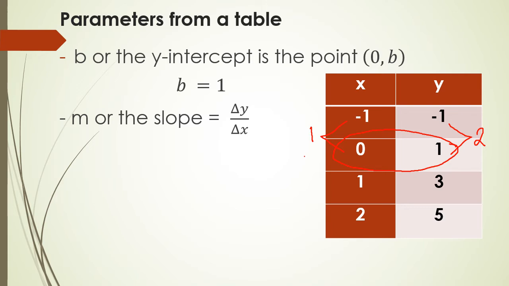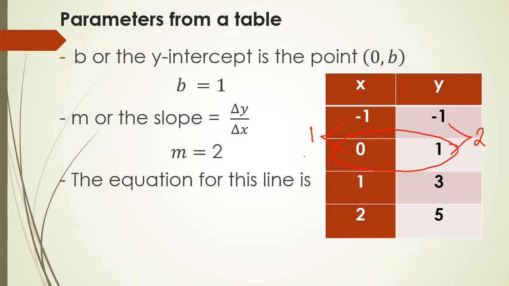So basically, the slope in this case is going to be 2 over 1, which is 2. So I can write a linear equation that can represent the table of values in the slope-intercept form, which is y equals 2x plus 1. 2 is the slope, and 1 is the y-intercept or b.